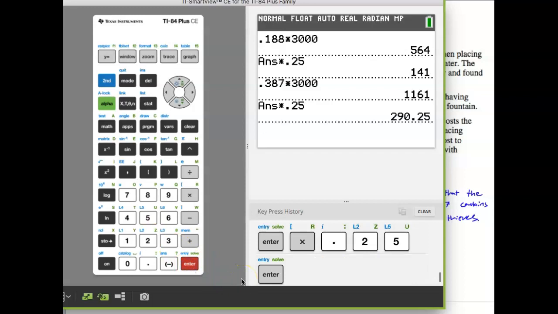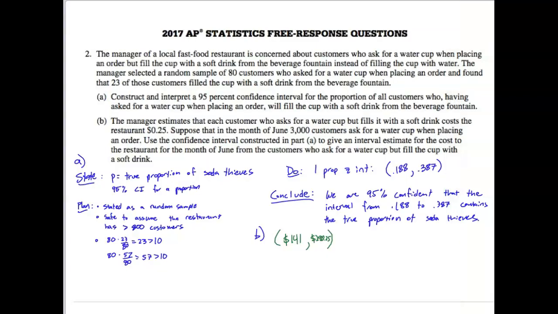So $141 to $290.25. So that would be our answer to part B. By his estimate, the restaurant loses somewhere between $141 and $290.25. A lot. That's maybe like 3 paychecks. All right.